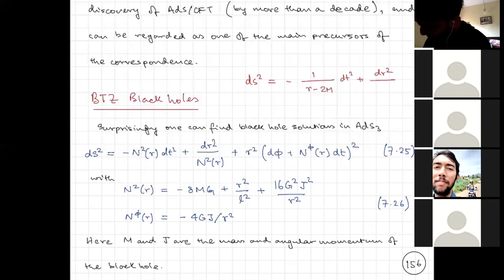Let's call this a blackening factor, if you wish, f of r. So it is minus f of r dt squared plus dr squared by f of r plus r squared d omega squared.